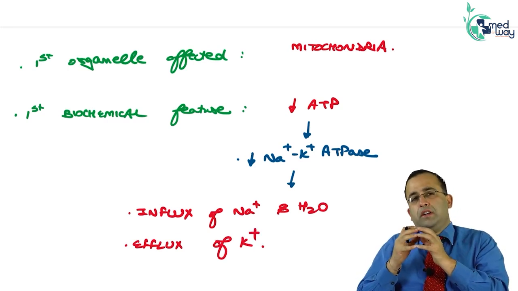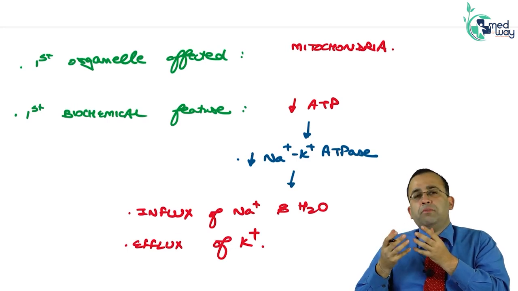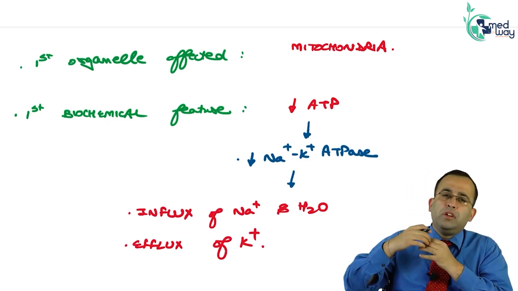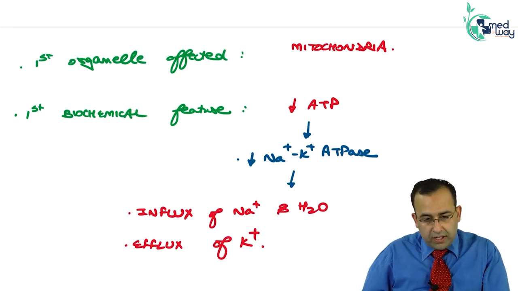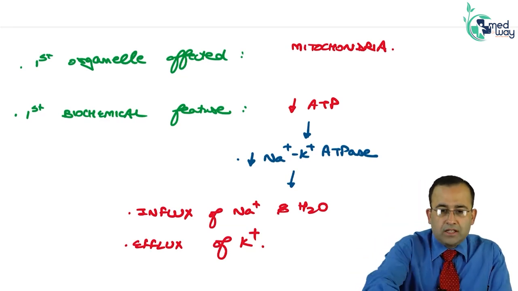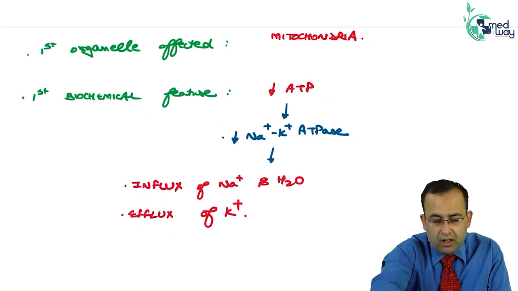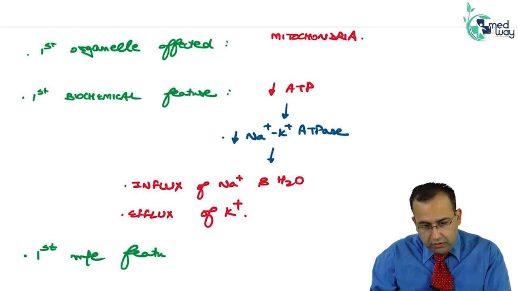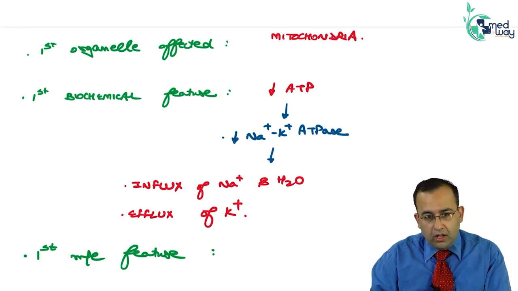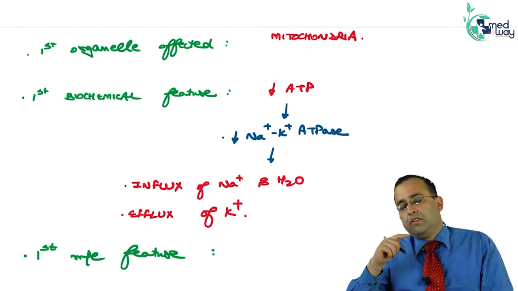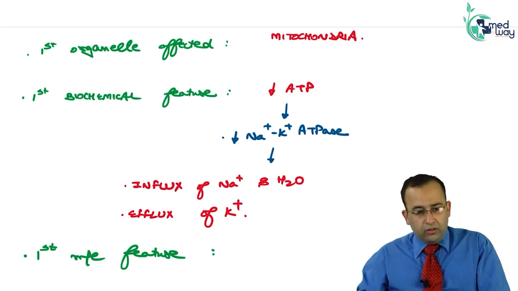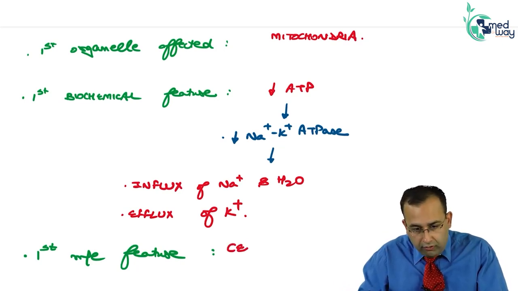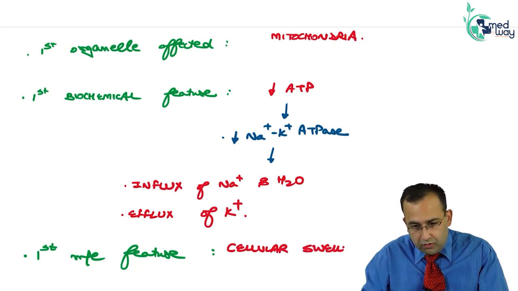Potassium was more intracellularly, and this was maintained by ATP. अगर ATP कम हो गया तो efflux of potassium. Next point. So I can safely say that the first microscopic feature of cell injury is associated with influx of water, that is cellular swelling.